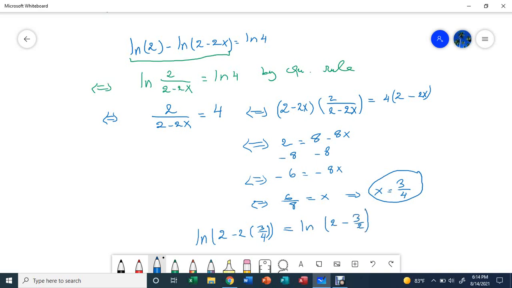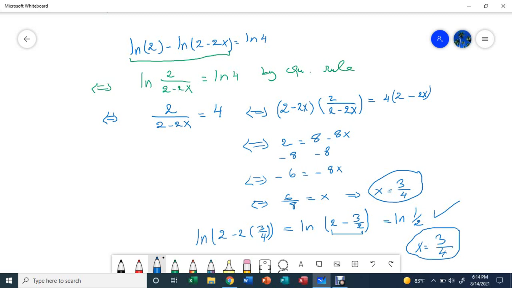If we find the common denominator, it's going to be 4 minus 3, that's 1/2. So I get natural log of 1/2, which is good. It's a positive number. So x equals 3/4 is a solution of the above equation. There is no problem with this solution.